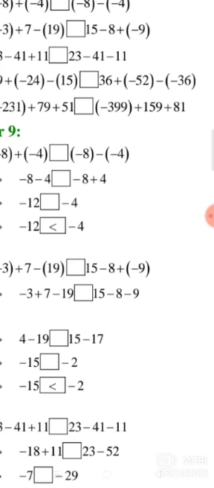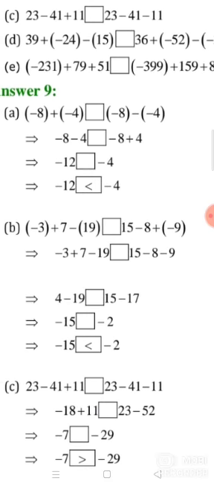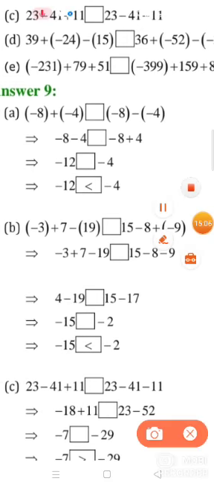Now friends, we are going to see B. Here, negative 3 bracket close plus 7 minus bracket 19. First we will see this LHS part. Dear friends, we will take out from the bracket: negative 3 plus 7 minus 19.